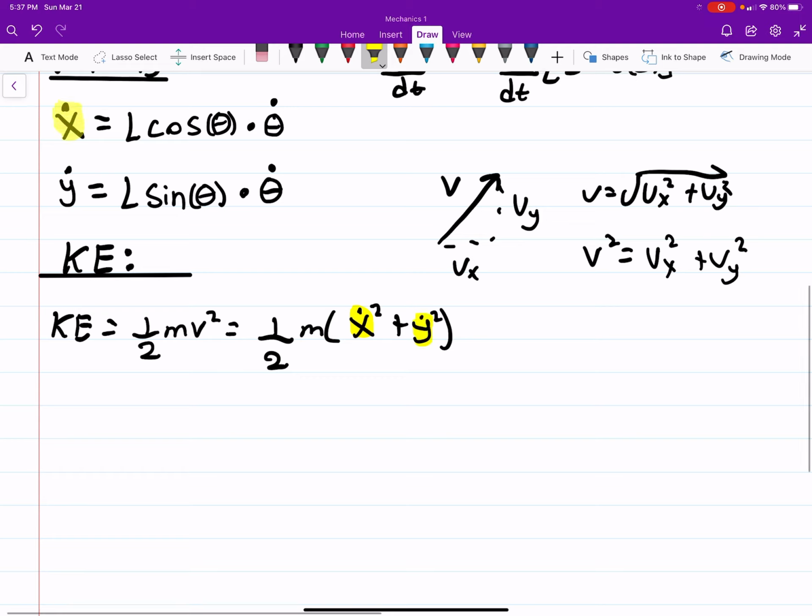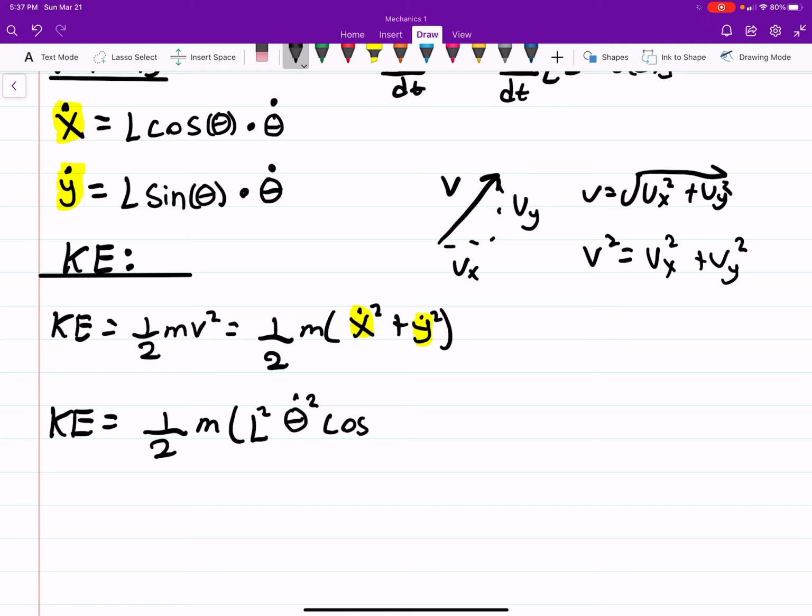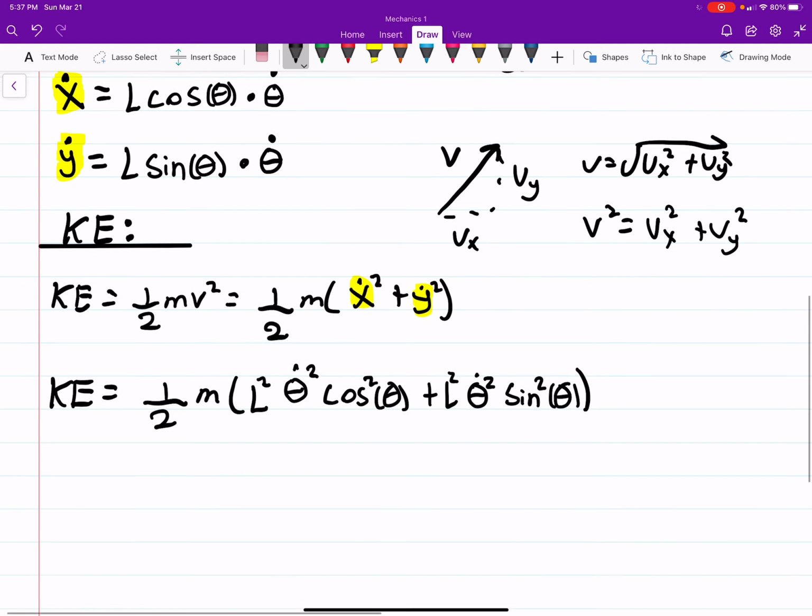But notice that we know what x dot is, we know what y dot is, right? We already found those. So we can plug those in, and you get that your kinetic energy is 1/2 the mass times L squared theta dot squared cosine squared theta, plus L squared theta dot squared sine squared theta. That's our y dot.